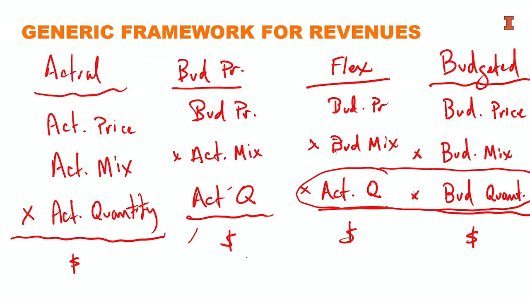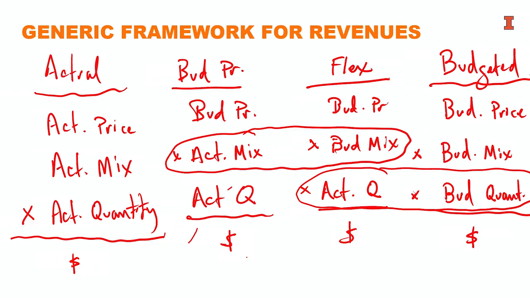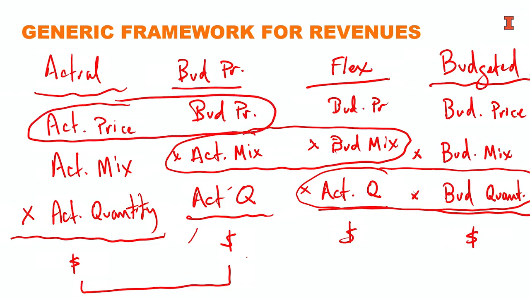The difference between columns 2 and 3 parses out the source of differences between actual and budgeted proportions or mix of sales. And finally, the comparison between the first and second column parses out differences between the actual and budgeted selling price.